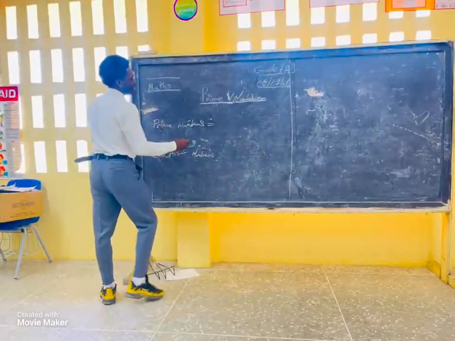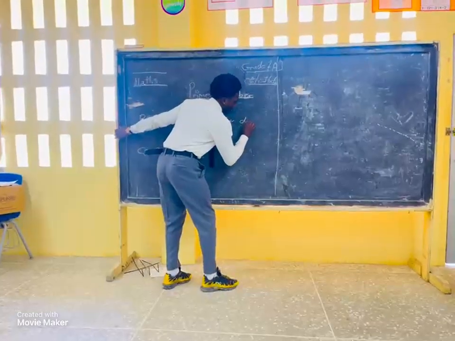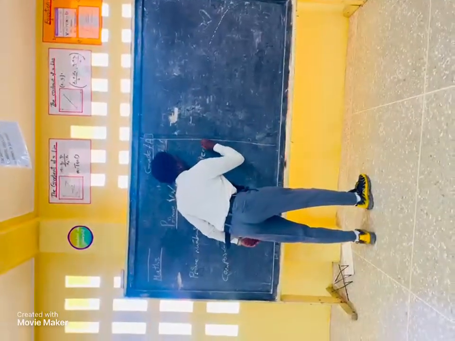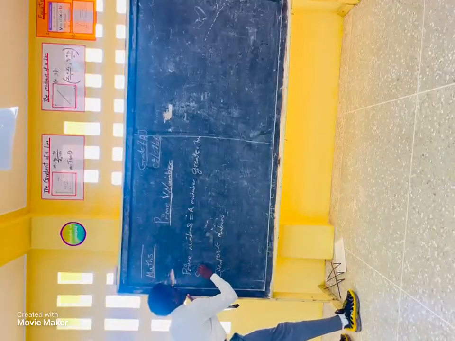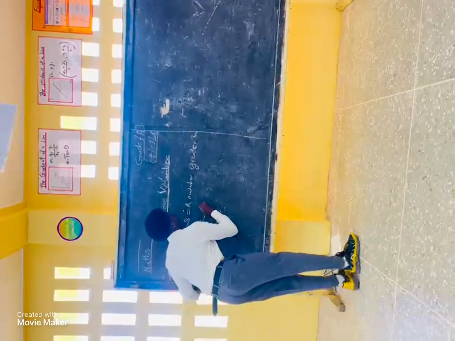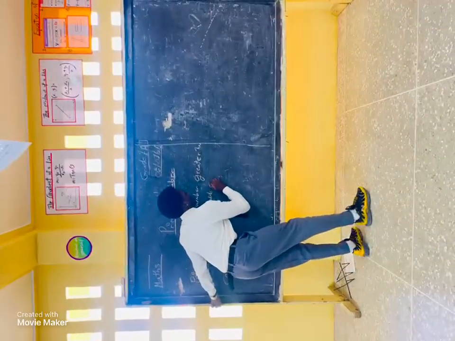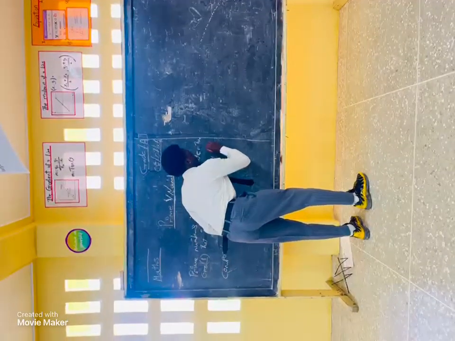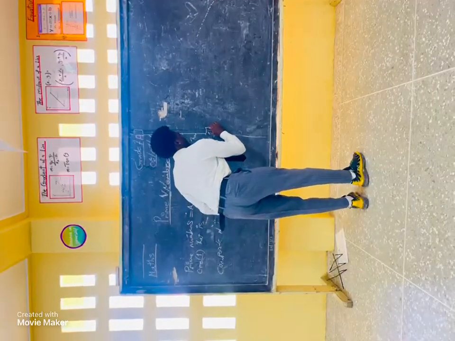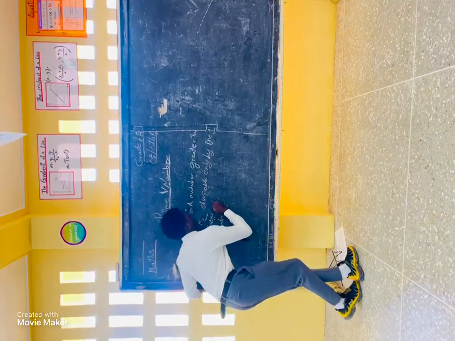So, it's a number greater than 1 that is divisible only by 1 and the number itself.